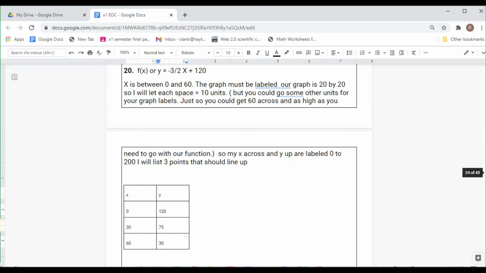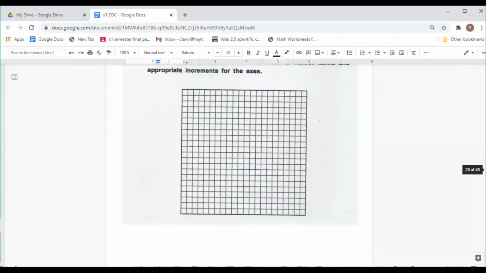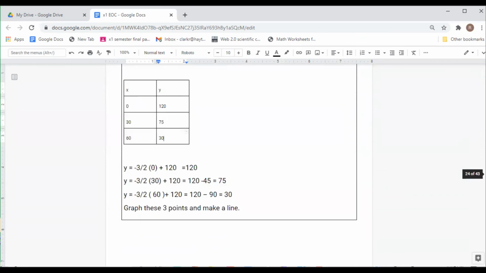So now I would go back to this graph. I've labeled it. You got to label the y-axis and the x-axis, and I'm going to label each square as 10, and I'm going to write that down for the people grading this test so they can see how you labeled it. And then I'm going to plot my points. If I plot my 3 points, I'm going to plot 0, 120.